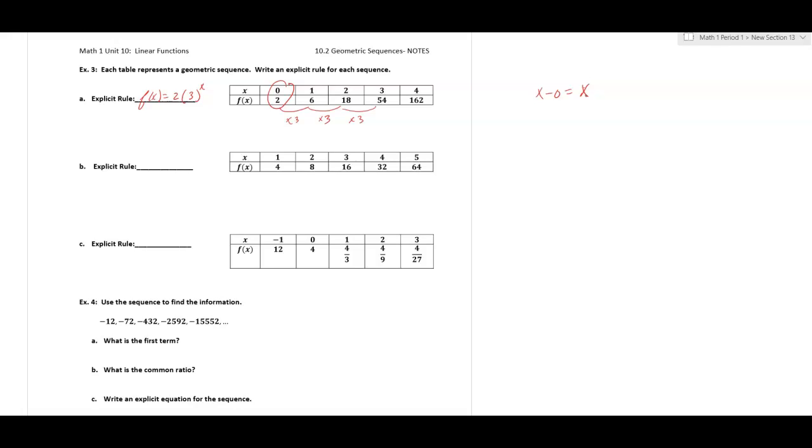Now the next one, if I start with this ordered pair, first find your common ratio: times 2, times 2, times 2. So when I look here, I'm going to say f of x equals, my starting value is 4 times 2, but I'm using the first term, so it's x minus 1.